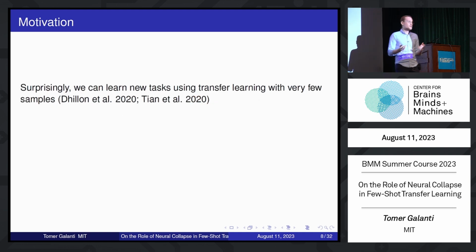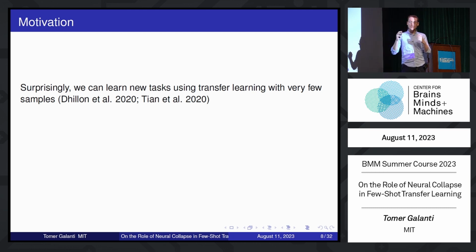So what's surprising is that empirically we see that this second approach is actually competitive on few-shot learning problems with few-shot learning approaches.